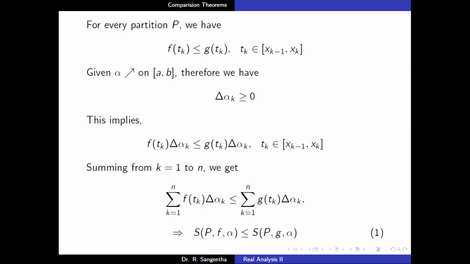Therefore, the difference between them will definitely be greater than or equal to 0. So we can write delta alpha k is greater than or equal to 0. Since this is non-negative, we can multiply the previous inequality by delta alpha k on both sides, and this won't alter the inequality because it is non-negative.